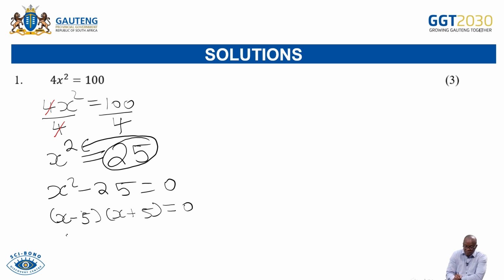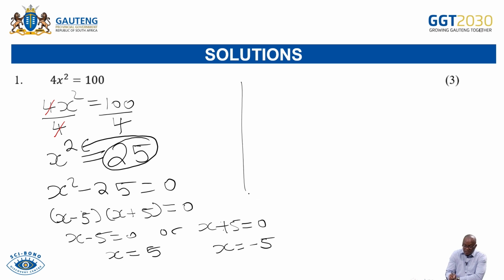Then the zero factor rule: x minus 5 is equal to 0, or x plus 5 is equal to 0. Then we're going to have x as positive 5 and x as negative 5. That's the basic of what you can do when you solve for x in this case.